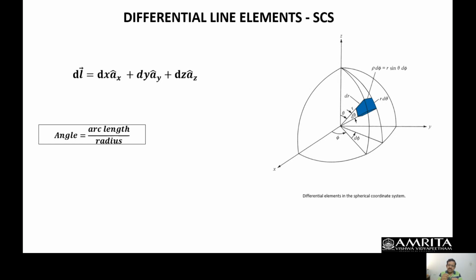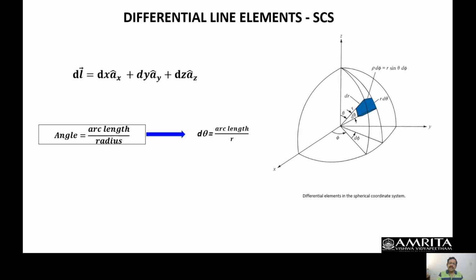So we can see that movement, and you can approximate it to a linear approximation, and from there we get angle equals arc length by radius.